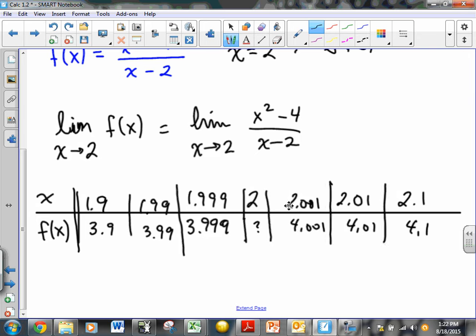I could get closer and closer and closer. These values keep getting closer to 2 from the right. These values keep getting closer to 2 from the left. But as you can see, both of these are converging on a single value, 4. So the limit of this function as x approaches 2 equals 4. It's the expected value.